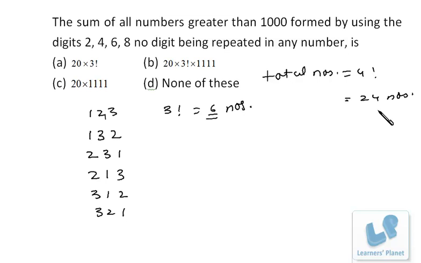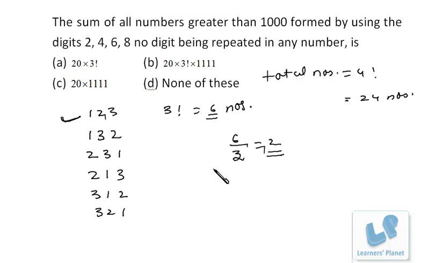Now what's that logic? We are getting 6 numbers and we have 3 digits. That means 6 divided by 3, that is 2, right? That means each digit will come 2 times at each place.